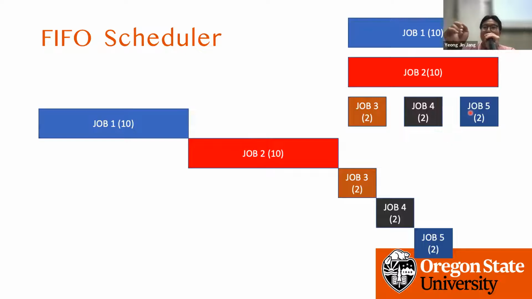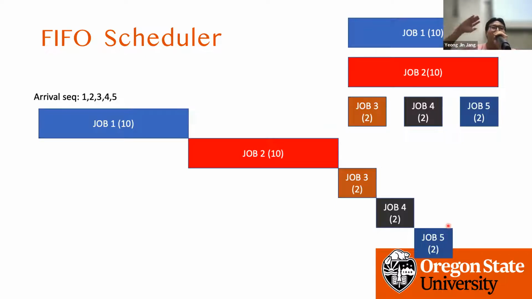Suppose all the jobs arrive in the sequence job 1, 2, 3, 4, 5. Then based on the FIFO scheduler, we need to run job 1 first. After 10 seconds, we can schedule job 2. And then after 10 seconds, we can schedule job 3 and 4 and 5. That's good. And then let's measure the wait time of each job.